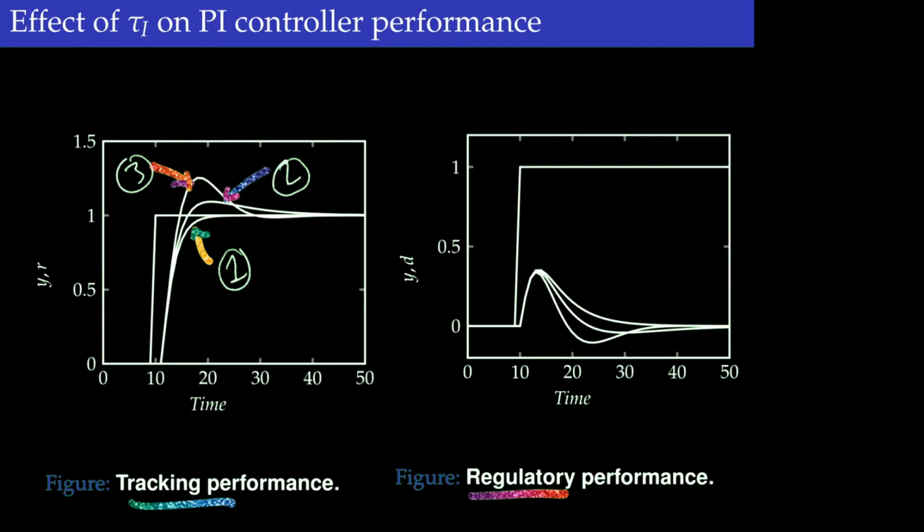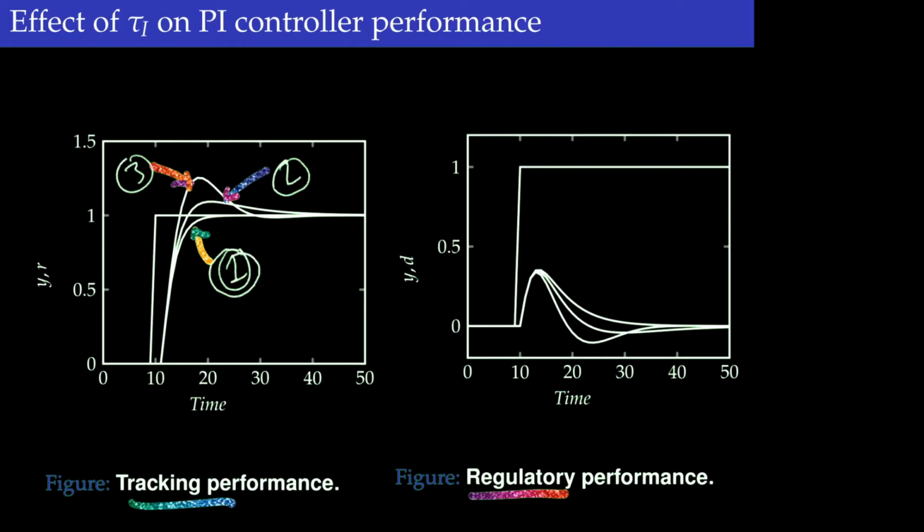As the value of tau I decreases, do remember that a smaller tau I represents what is called an aggressive controller. So the value of tau I decreases, meaning the integral action increases, and there may be oscillation in the process.